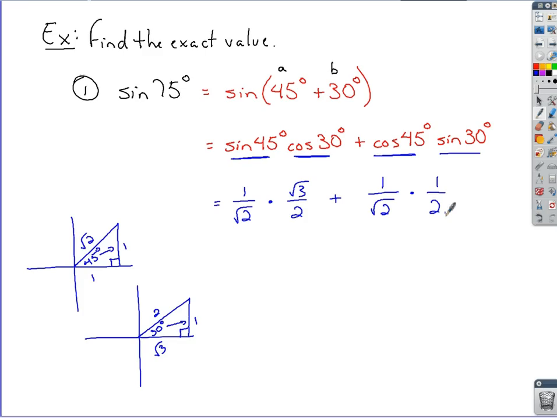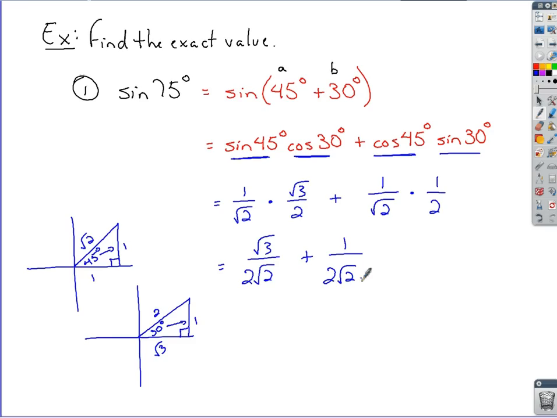Go through, follow my order of operations by multiplying my fractions together. So here I've got 1 times root 3 over root 2 times 2. Since those values are not both underneath the root, you've got to keep it separate. You've got to write it as 2 root 2. Plus, over here, multiplying across the top, I've got 1. Multiplying across the bottom, I also have 2 root 2.